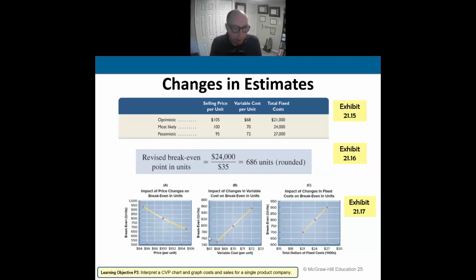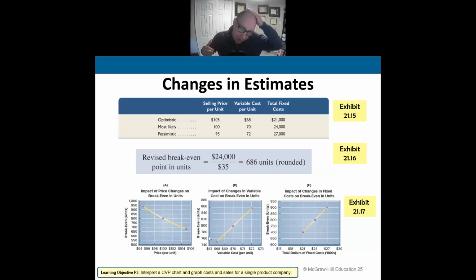But you know what? Recently, I decided, oh, I'm going to reduce my sales price by $5, bring it down to 100, which means my variable cost is 70. My total fixed cost 24,000. We can see the impact of these changes, and so that's why understanding the formula is so important, right? Because it will tell us the changes that need to happen if I change my sales price.